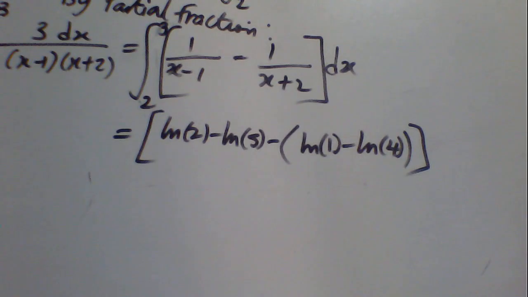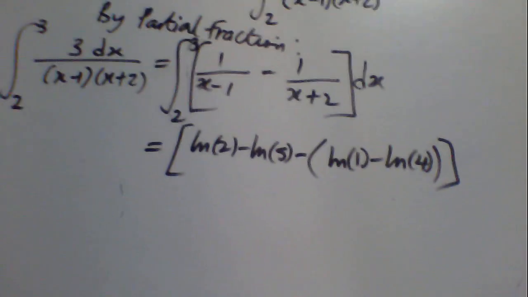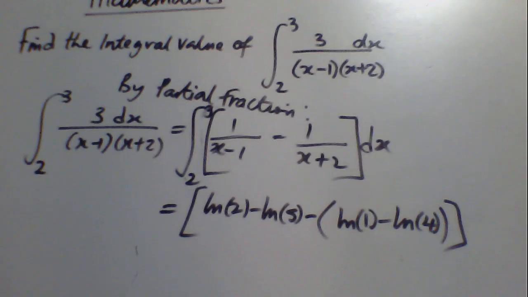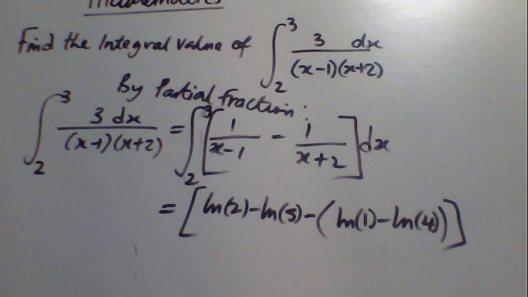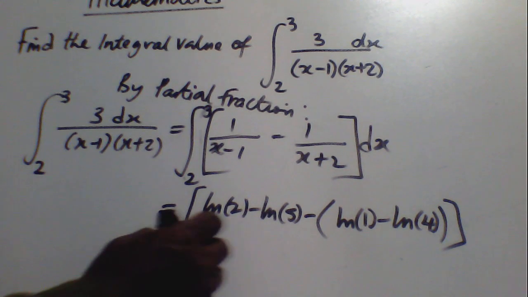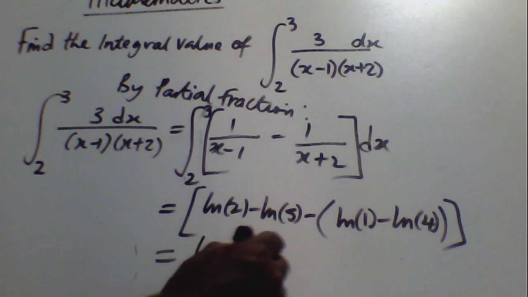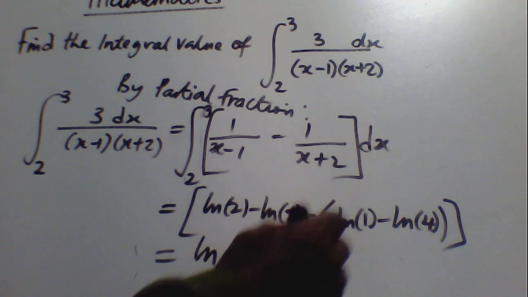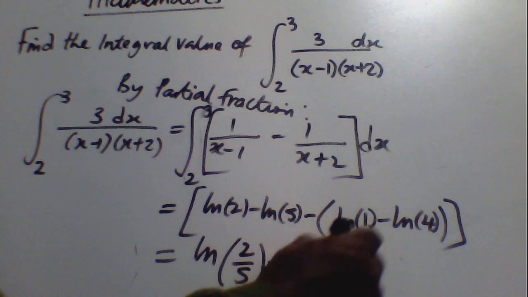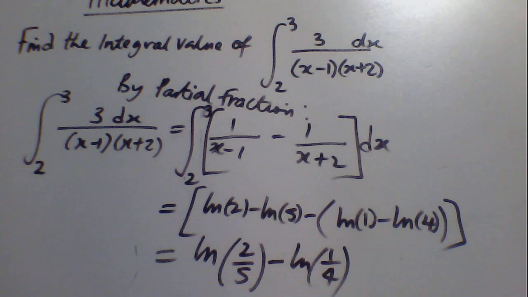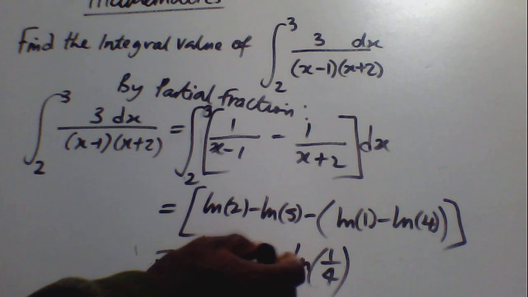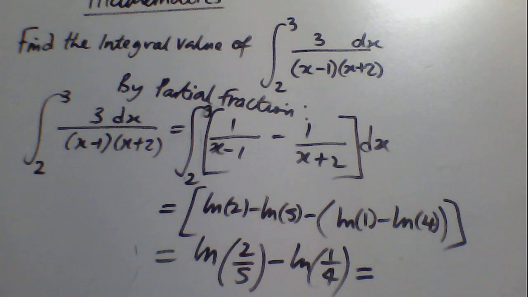So from here, what is the next thing? Then simplify. Applying the logarithm law, you have ln 2 over 5 minus ln 1 over 4. Here you still have to apply the law, there is ln and a negative sign for them.